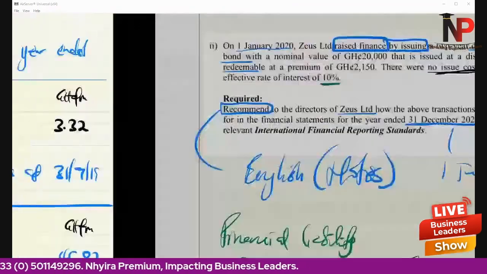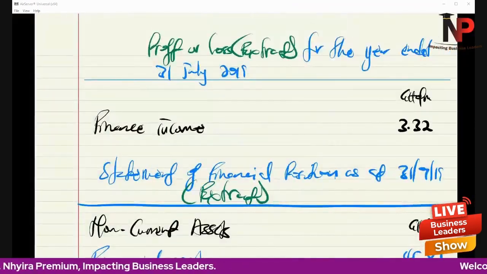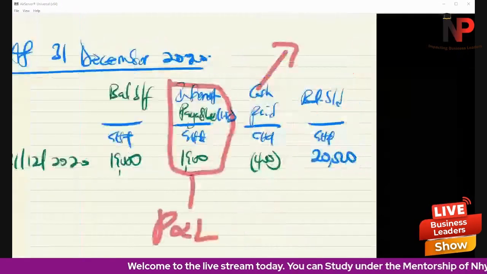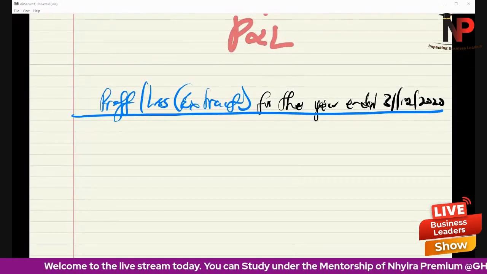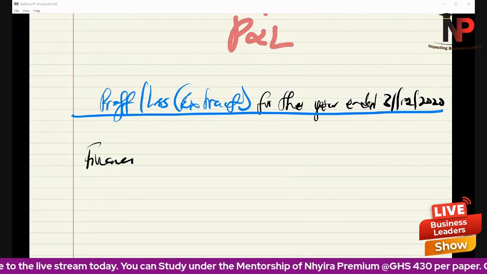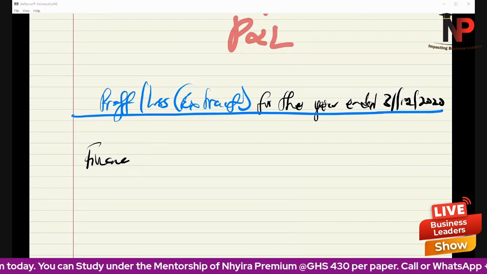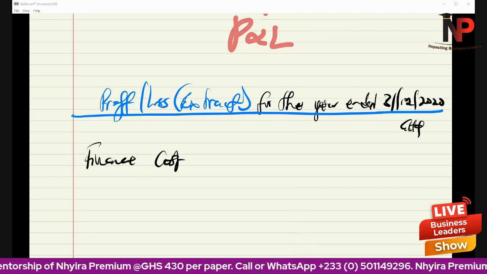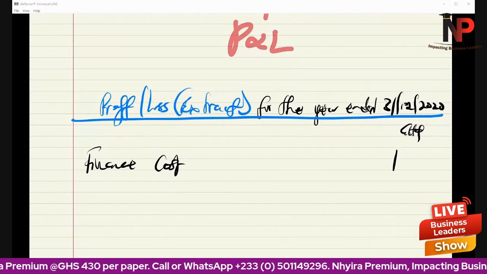Now, look at the flip side. In Asaman Kese, because it was an asset, we brought it as finance income. But here, because it's a liability, we will bring it as finance cost. And that is where the effective rate will come in, and that's the 1,900.